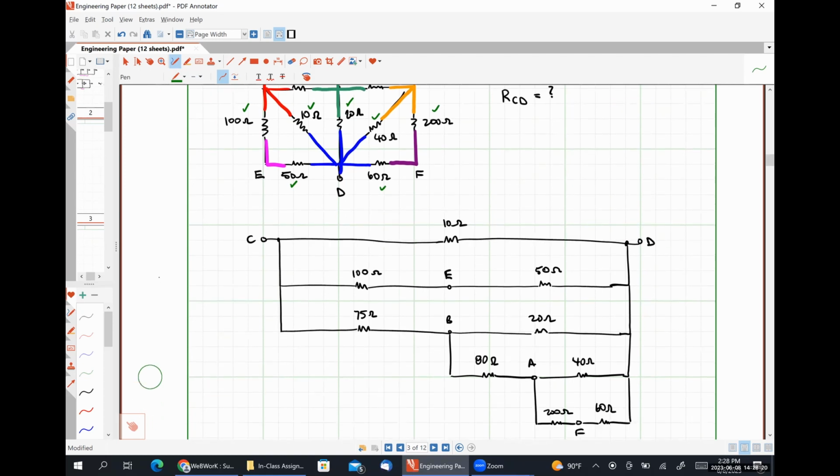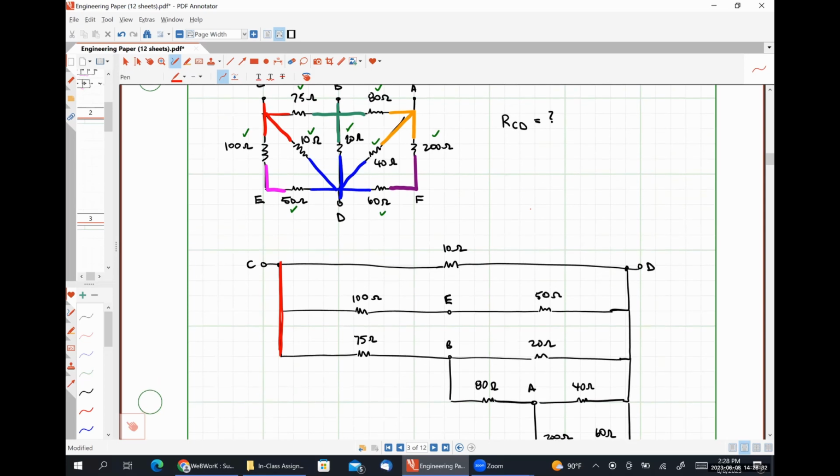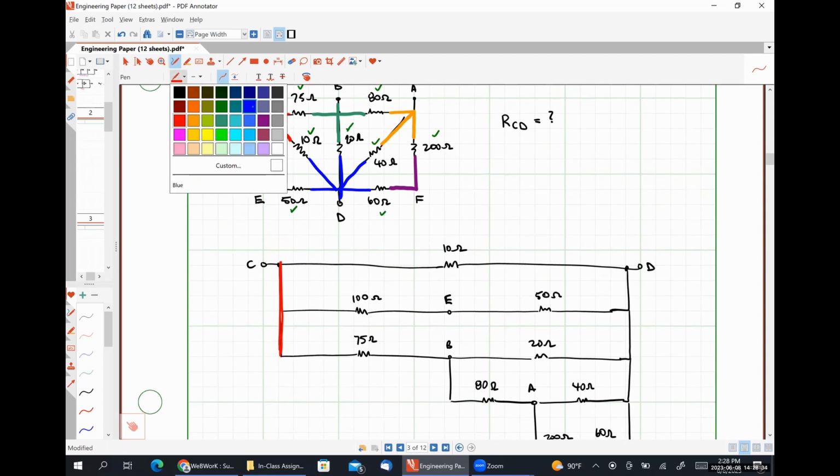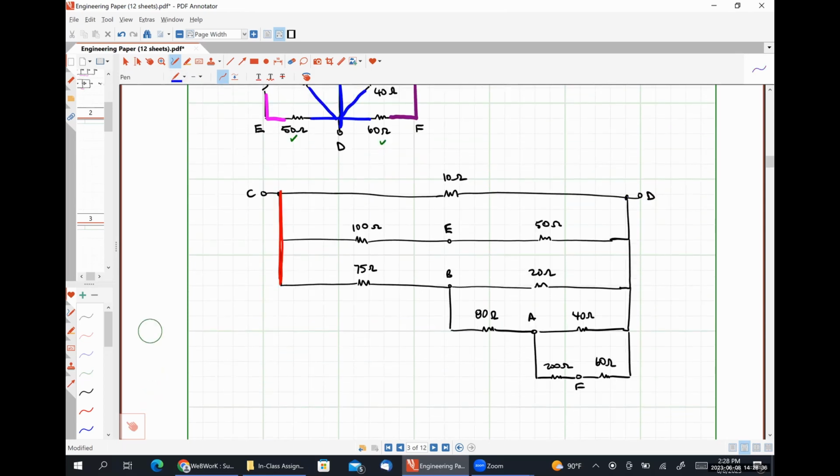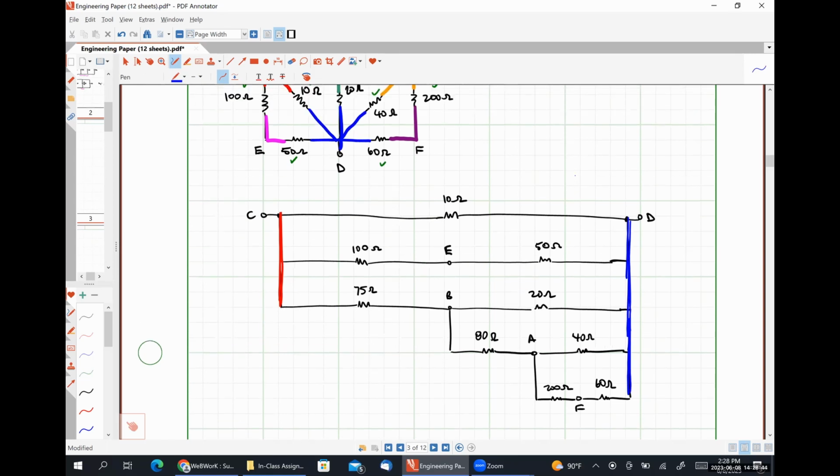So what I'm going to do now is I'm going to relabel these nodes. I'm not going to go into as much detail. This guy right here in red is C. This guy over here on the right is D. So I'm just reusing the same colors. So that's going to be blue. Let's see while I'm at it.